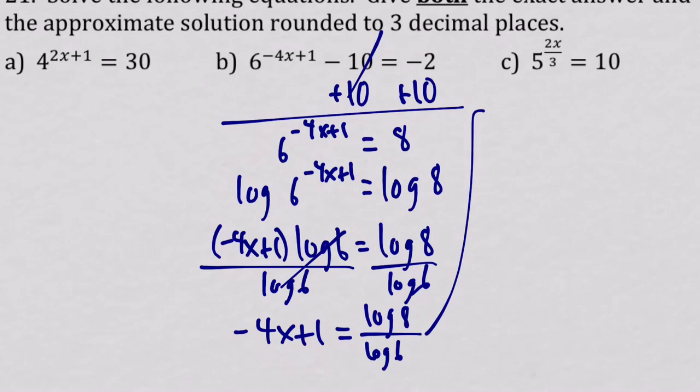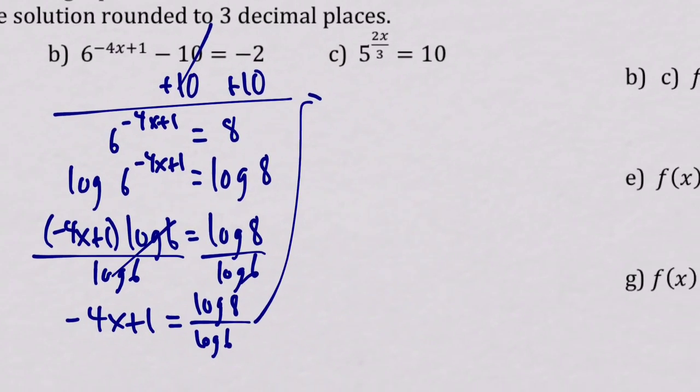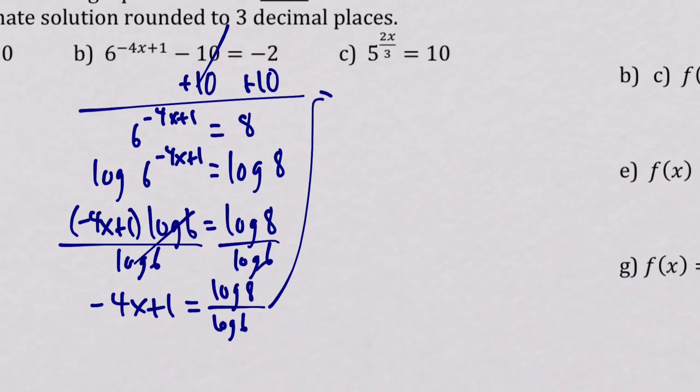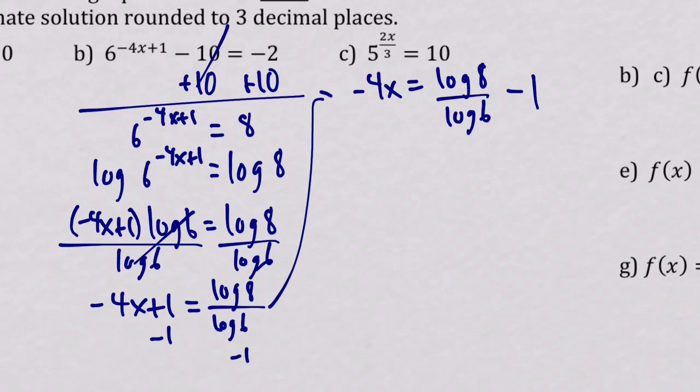And next I'm going to isolate the x by subtracting 1 and then dividing by 4. Right? So I'm going to continue up here. Subtract 1 from both sides. So what I have is negative 4x equals log of 8 over log of 6 minus 1. And next I'm going to divide by negative 4, which again, just like I did the last one, remember dividing by negative 4 here means put it in the denominator, and here means write it underneath the 1.